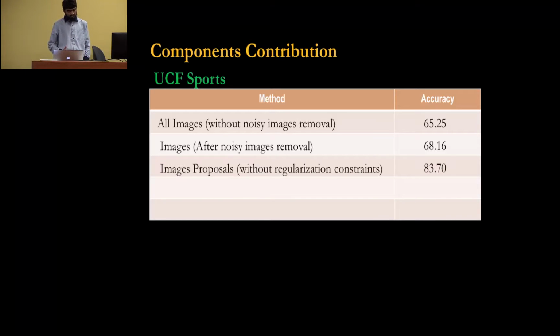Furthermore, when we remove all the distracting background, which means that we obtain action proposals in images and try to reconstruct video proposals, we get 83% localization accuracy. Then we use these image proposals along with the sparsity and consistency constraints, and we get a further 5% improvement in localization accuracy. And when we add motion information, which is also very crucial for any action, we get 92% localization accuracy. So as you can see, each of the components is contributing toward the final localization accuracy that we get.